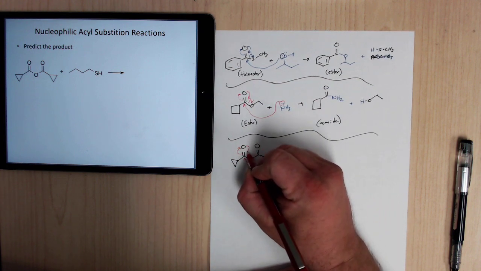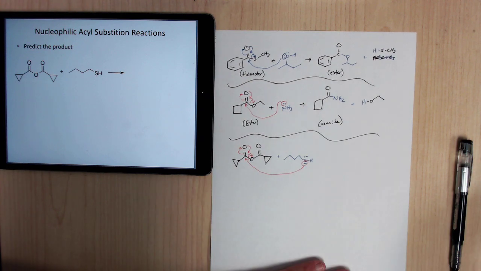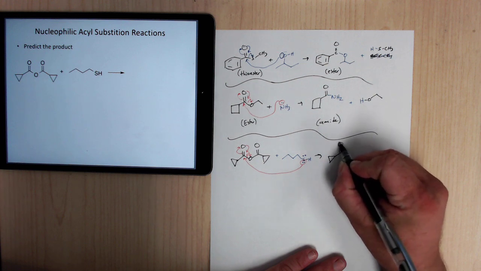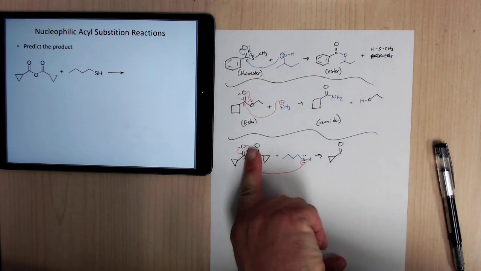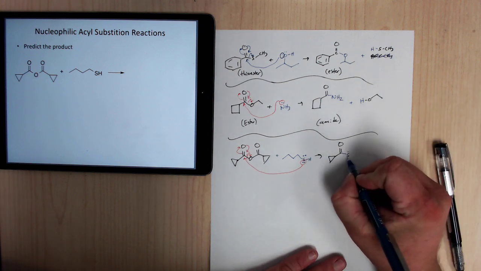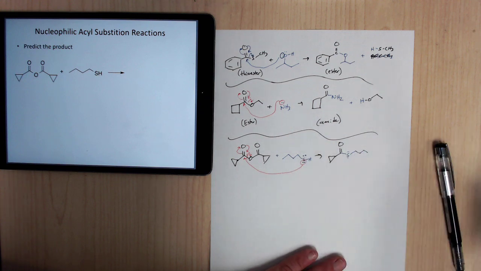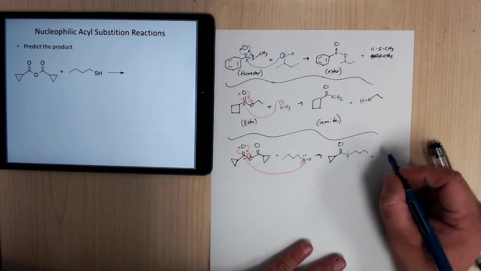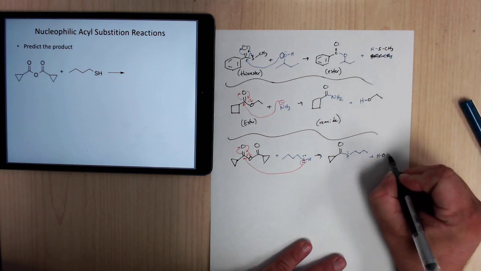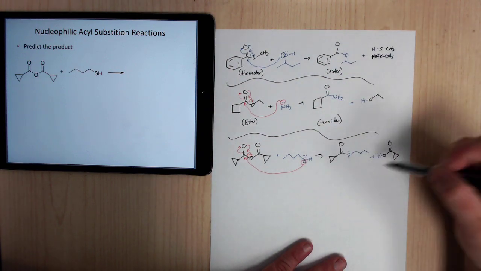It's going to go up, down, kick away, and we're just going to break that bond, so this whole thing goes away. And as that's leaving, it's going to snag that hydrogen, so you're going to end up with S, 1, 2, 3, 4, plus... Now it looks a little weird, but all of these reactions are exactly the same.